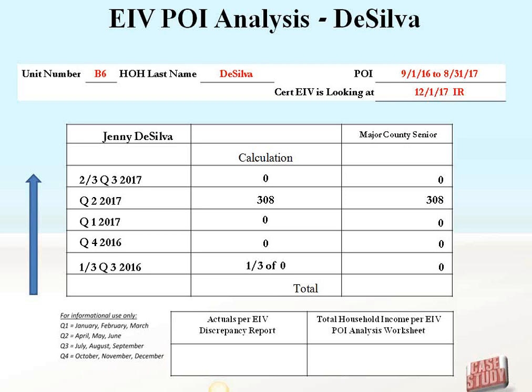Now I want you to add up the totals from all 4 tables and put them in this box that's on the bottom of your page that says total household income per your period of income analysis worksheet. Add up all of these table totals and tell me what you get. 12,305.